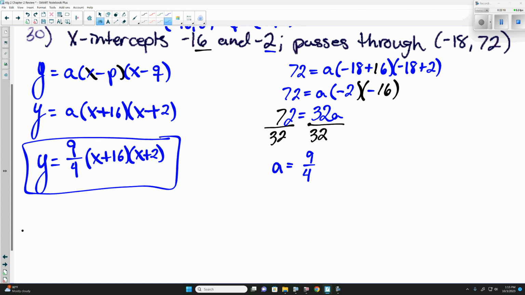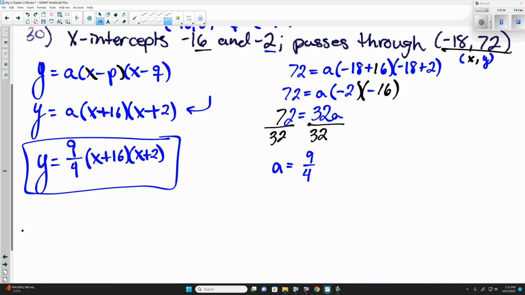Like, whenever we're finding a, where's the formula? How do we write it down? I know 72 equals a. I know that, because all we're doing is taking this equation here and plugging in the values of x and, oh, y.